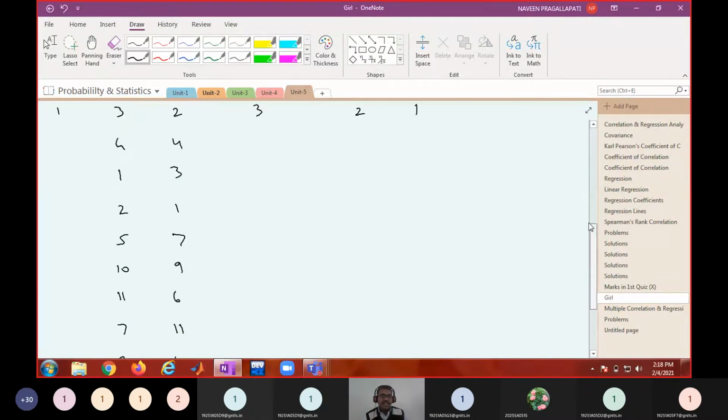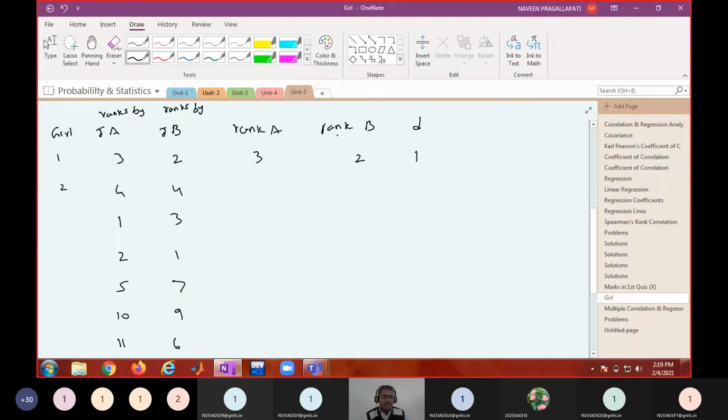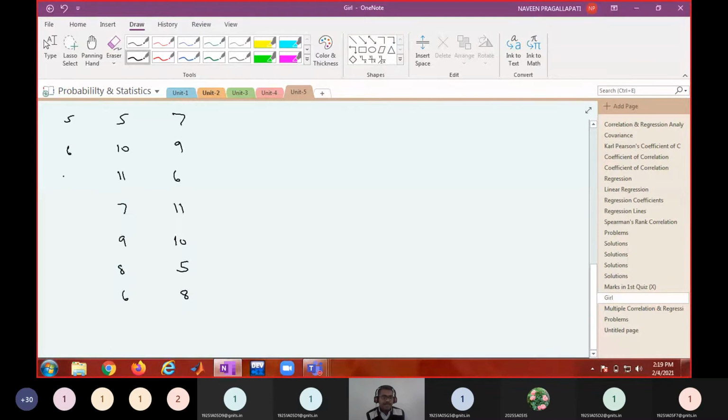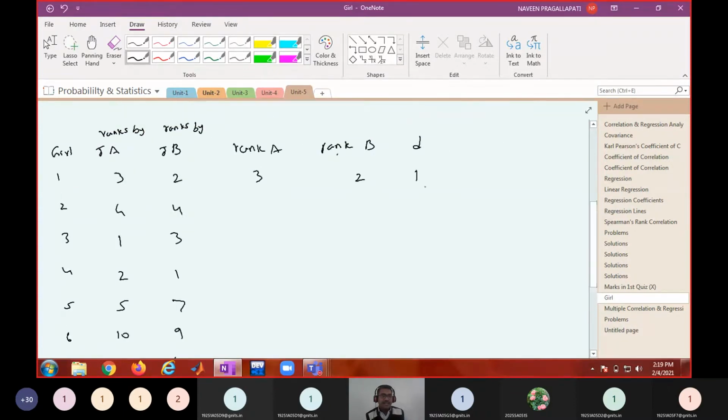So these are all already ranks. Ranks by ZGA, ranks by ZGB. So this is girl number 1, 2, 3, 4, 5, 6, 7, 8, 9, 10, 11. Now what are the deviations?